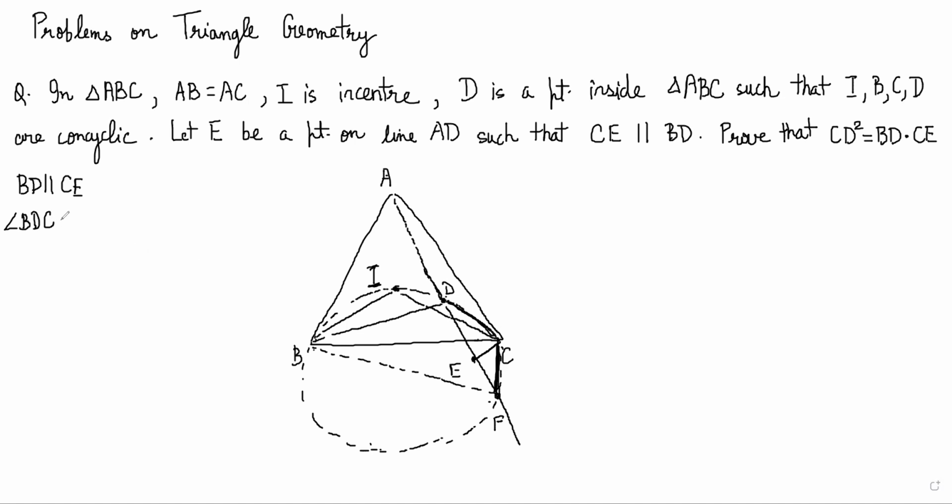Angle BDC plus angle DCE should be 180 degrees because these are parallel lines and these are interior angles on the same side of the transversal, right? Therefore, angle DCE is equal to 180 degrees minus angle BDC.